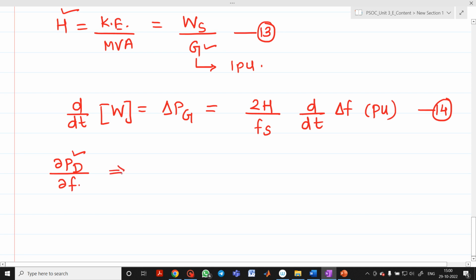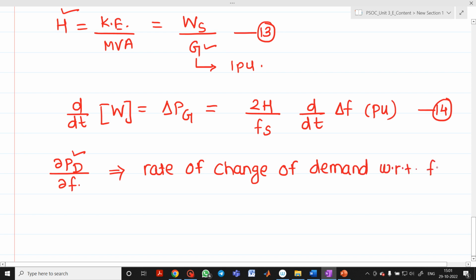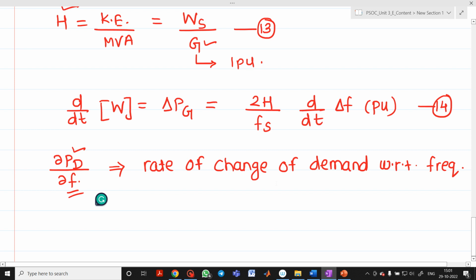Daba PD upon daba F is the rate of change of delta PD, which is the load demand, with respect to frequency, or we can say the change in the power demand due to change in the frequency. So let the change in the load demand be denoted by, I will write it here.